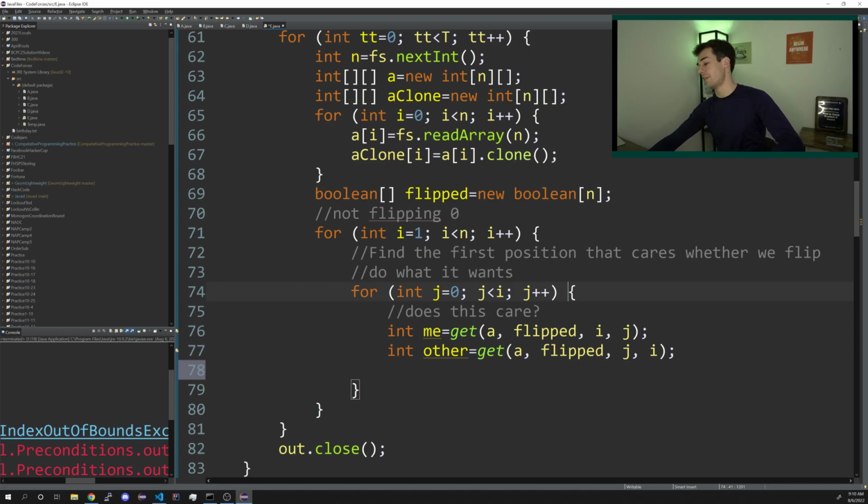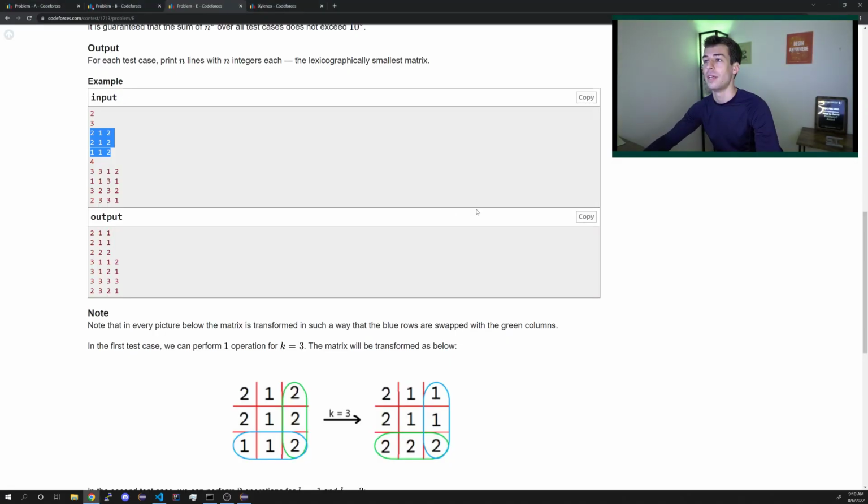It doesn't even matter if we flip the top one, right? You flip the top one and everything else? No, it doesn't matter. That is a different grid. Okay. Wait a minute. Does this work?